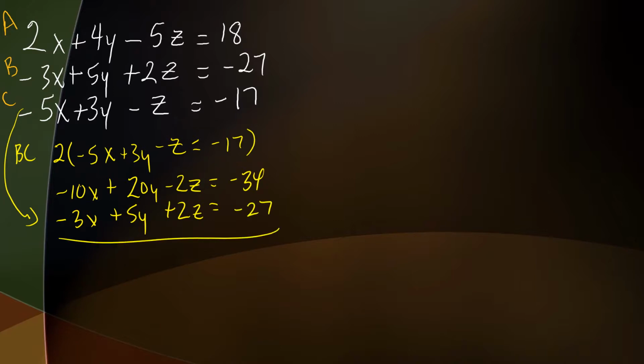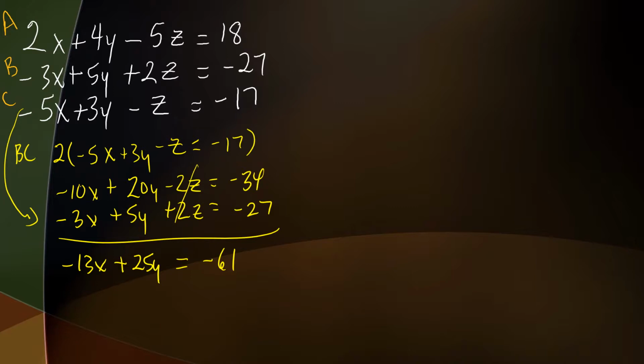And I'm just going to add those together. And that's going to give me negative 13x plus 11y, and my negative 2z and my positive 2z are going to cancel, and that now equals negative 61.